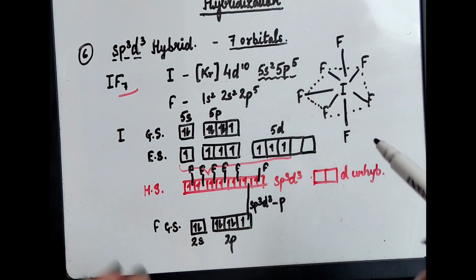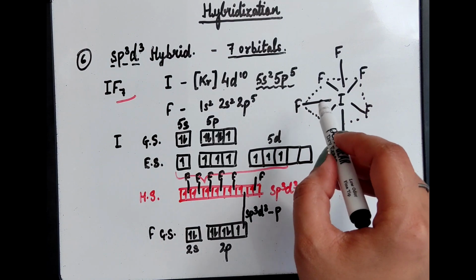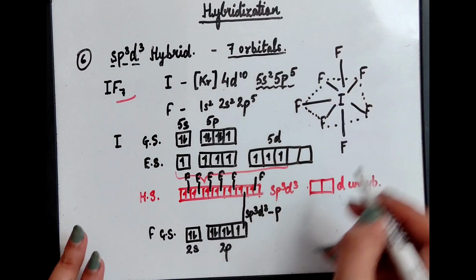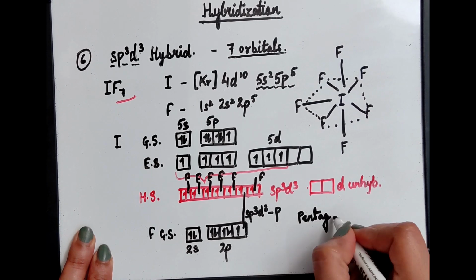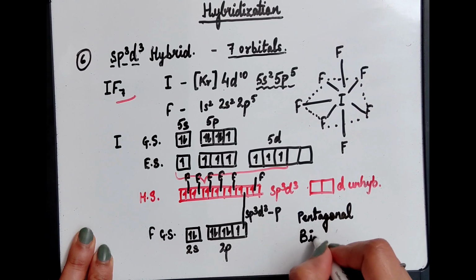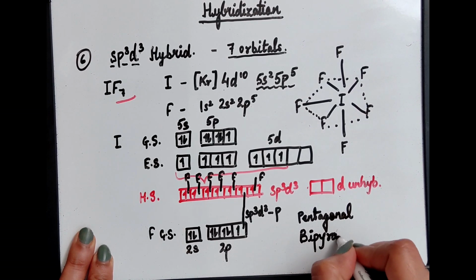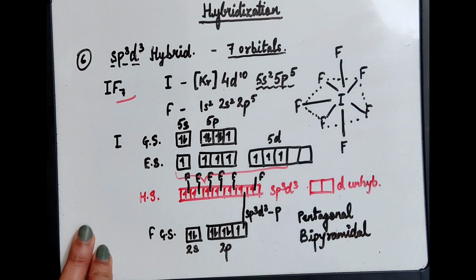So there are a total of 7 fluorine attached to the central iodine atom, and this structure is known as the pentagonal bipyramidal structure. It has 2 planes, equatorial and axial, forming a pentagonal bipyramidal structure.